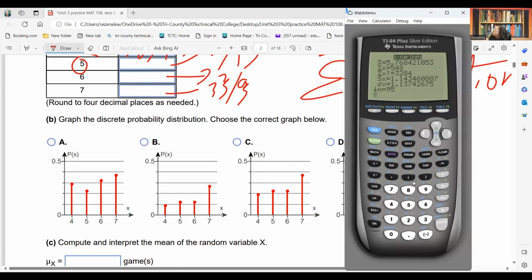If I want to use my calculator to find the probability, all I have to do is go back to Start, Edit, arrow to L3, and go to the top and tell your calculator what to do.